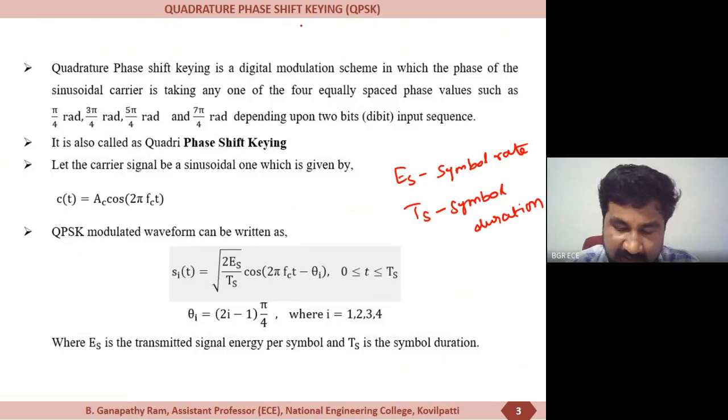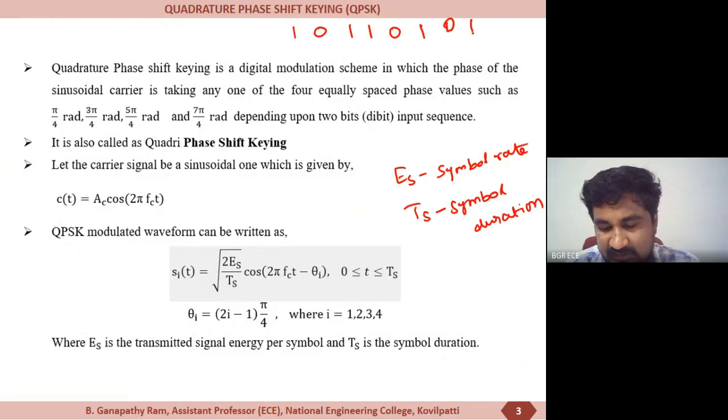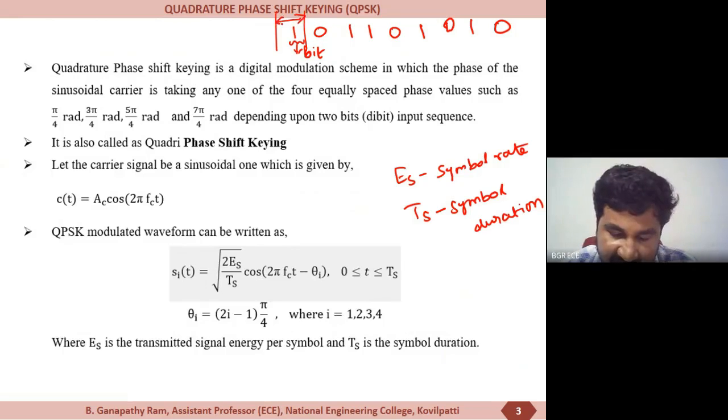For example, if you choose a binary sequence like this, then one particular bit is represented by the term bit, and the time duration occupied by one bit is called the bit duration Tb.